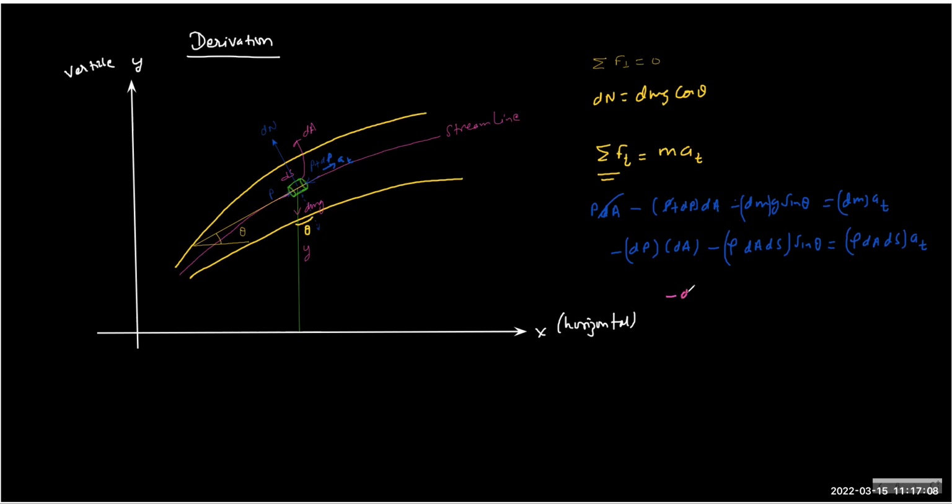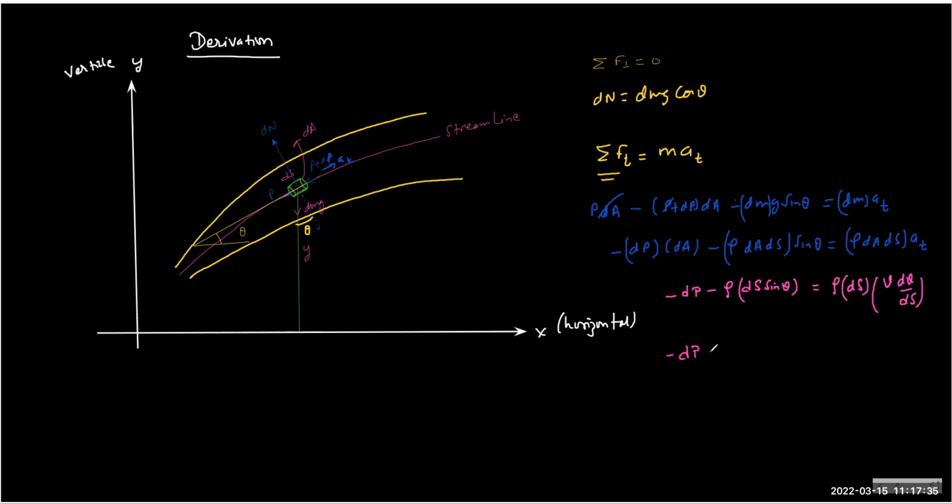What we're left with is minus dP minus rho ds sin theta equals rho ds, and tangential acceleration we can write as v dv by ds by definition.